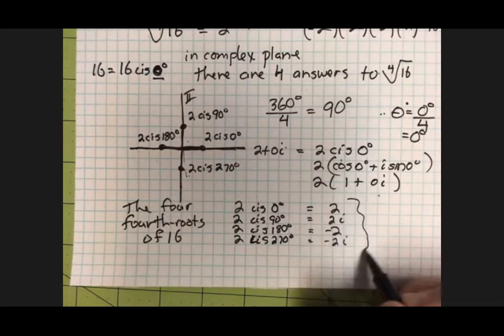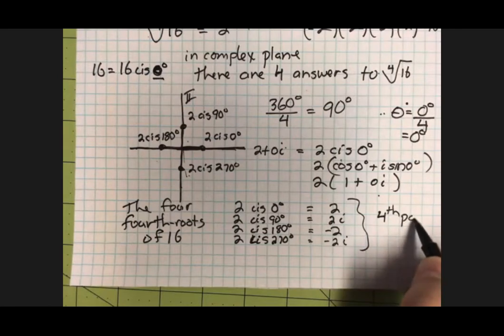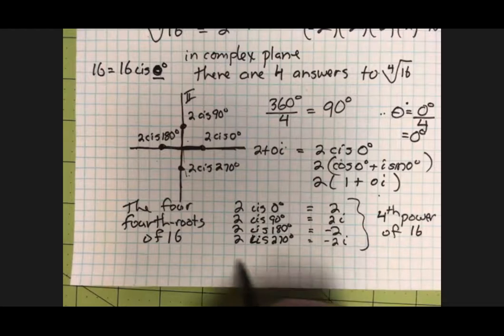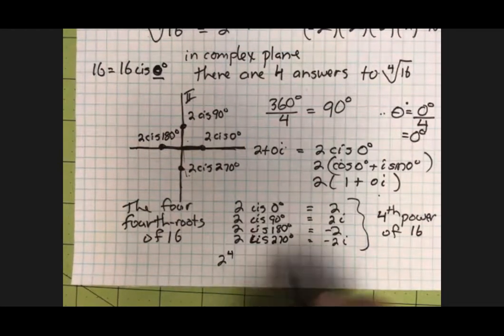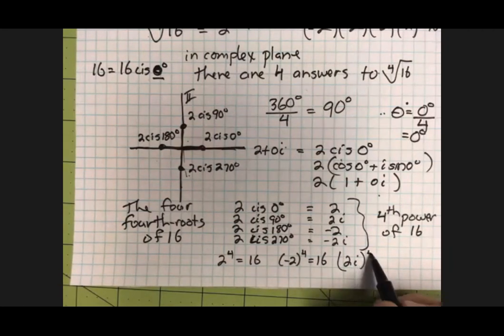All 4 of these numbers have a fourth power of 16. 2 to the fourth is 16. Minus 2 to the fourth is 16. But 2i to the fourth is also 16.